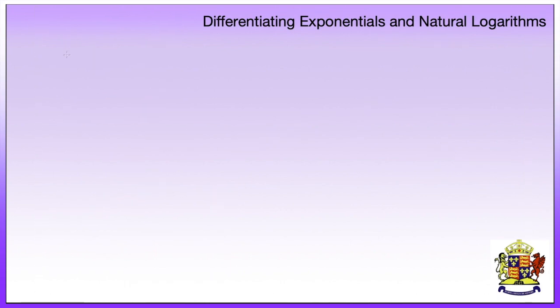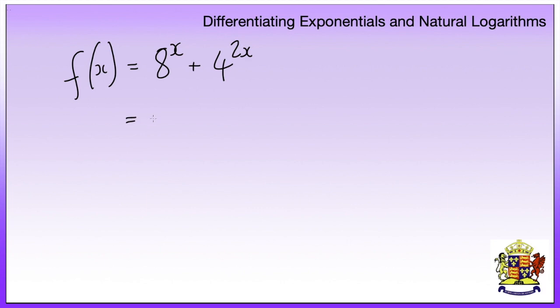Okay, last example. If I have f of x equals 8 to the x plus 4 to the 2x. These are very different, they've got different base numbers, so what I'm going to do is change their base. So 2 cubed to the power of x plus 2 squared to the power of 3x.